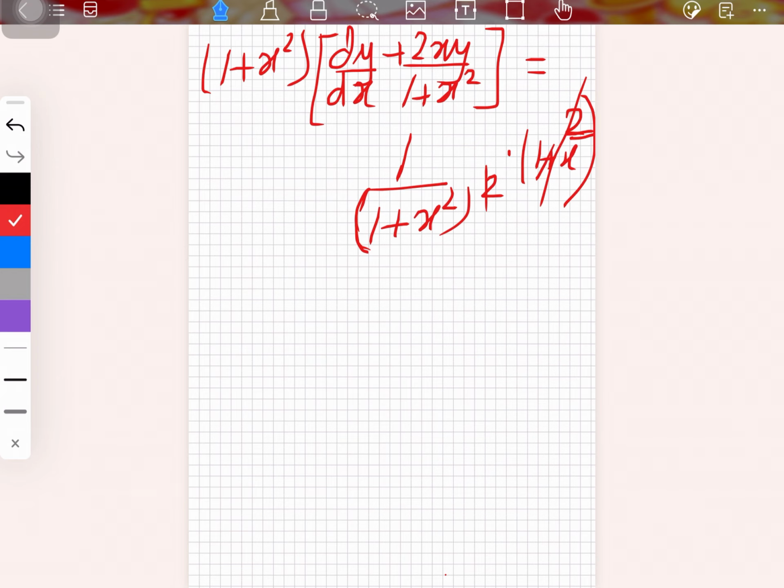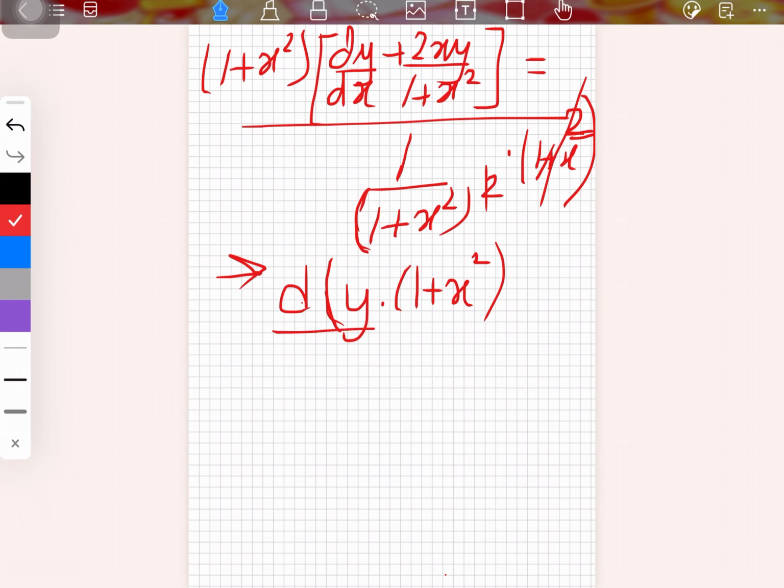And for the left hand side, we apply the product rule, and this entire thing can be written as d of y times 1 plus x square over dx, is equal to 1 over 1 plus x square.